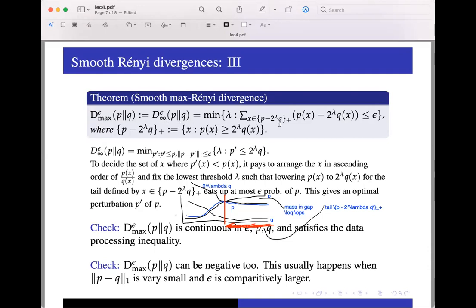So here's the theorem. It turns out that d infinity epsilon has this formulation. This looks a bit hairy, so let's go through it slowly. It will become better as we look at the proof in this diagram. We'll come to that, but let's first make sense of it symbolically.